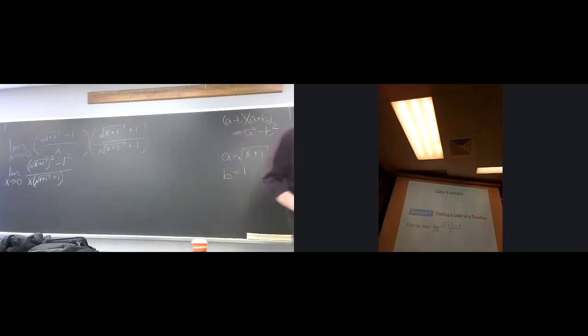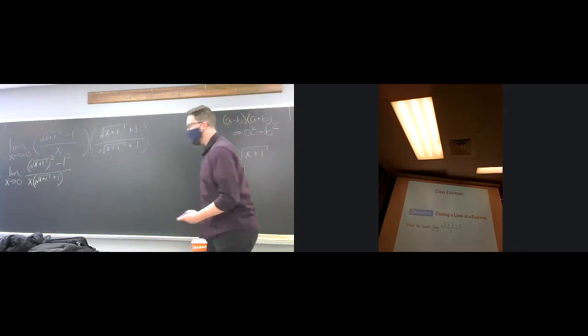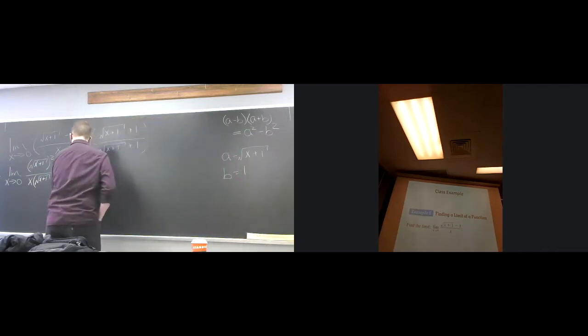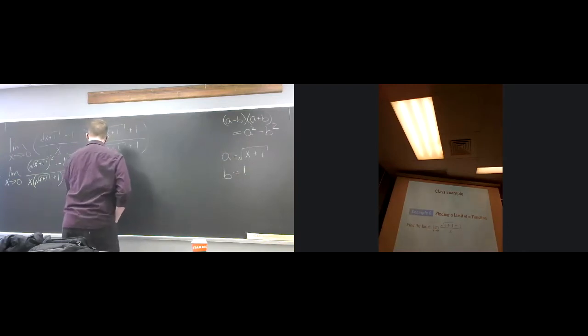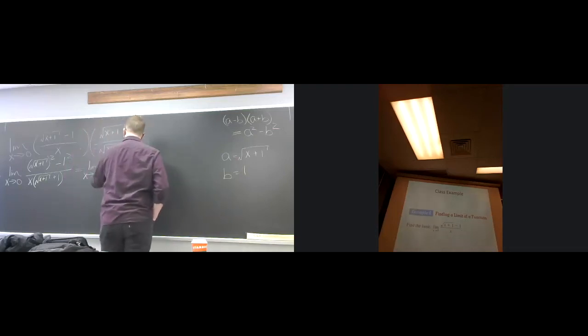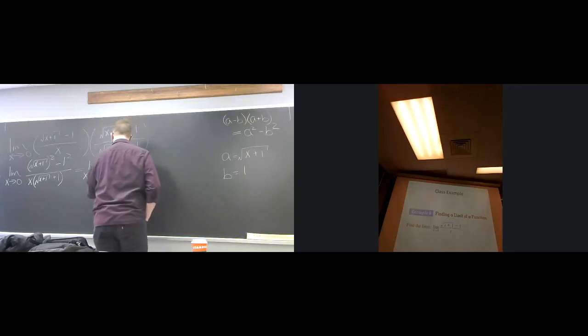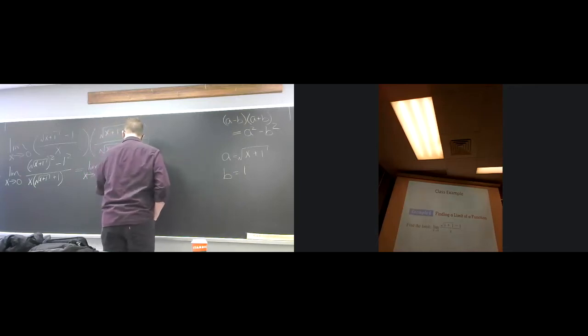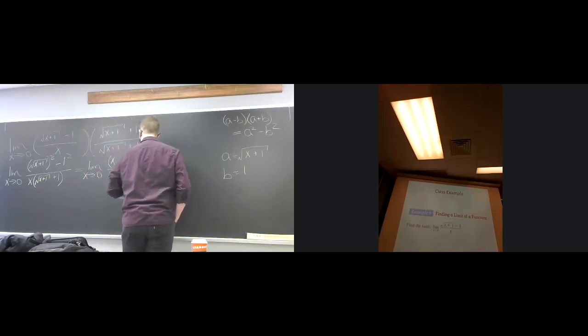Everybody agree? So when we do the algebra here and work everything out, we're going to find that this comes out to be the limit as x goes to 0 of x plus 1 minus 1 over x times the square root of x plus 1 plus 1.